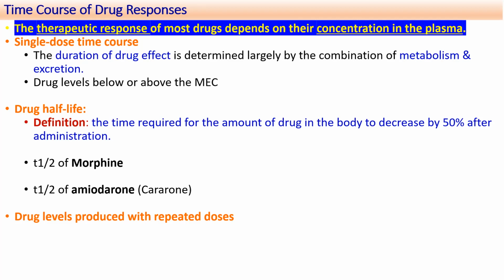So the therapeutic response of most drugs depends on their concentration in the plasma. Now, the relationship between dosage and plasma levels exists for most drugs, and this relationship is linear, in contrast to the nonlinear relationship that exists, for example, for phenytoin, Dilantin.